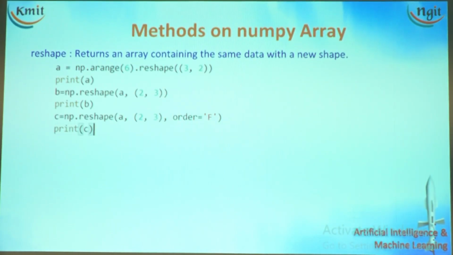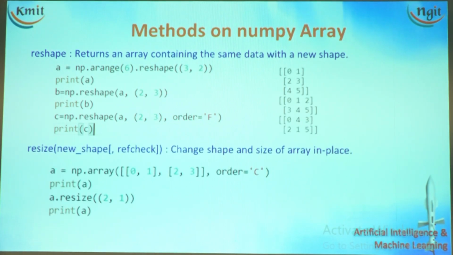Reshape, I need not explain it to you. Now, resize, please have a look. Resize will change the shape and the size of the array in place. Important: reshape, resize, again like flatten and ravel.